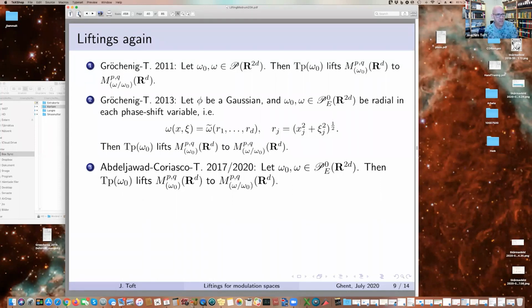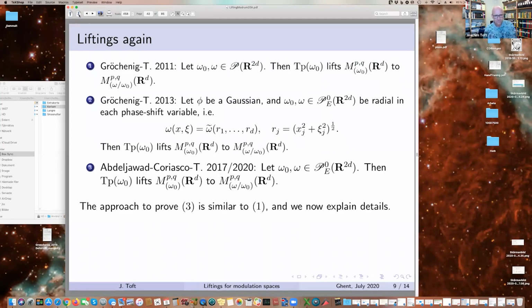Still, it's based on several other papers on this theory. Okay. The approach to prove this is similar to this paper, but we needed some more development of the theory of pseudo-differential operators. I will come to that.